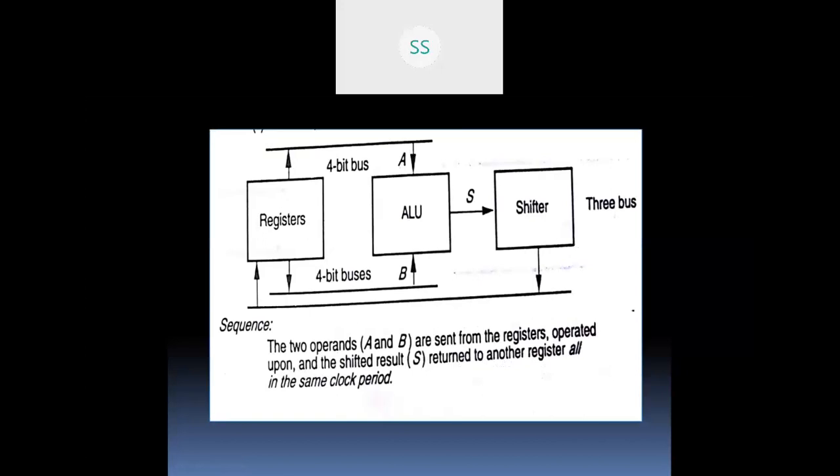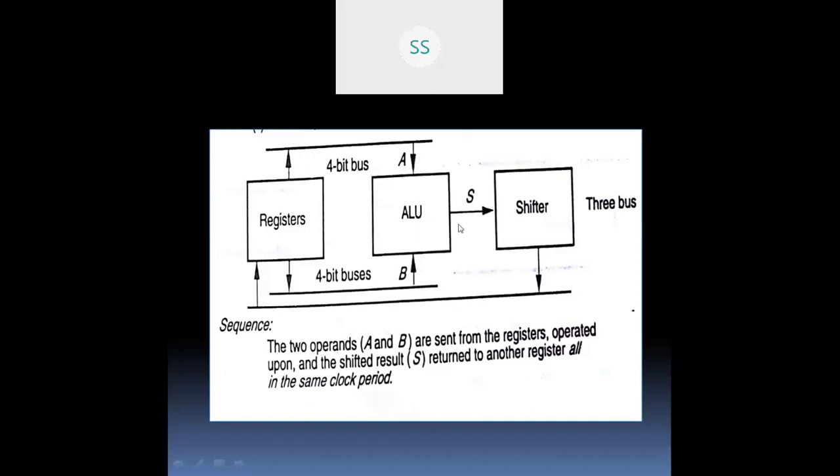Now this is called the 3-bus architecture. This is one bus, this is the second bus, and this is the last one, connecting the register and the shifter. The two operands A and B are sent from the registers and operated upon, similar to the previous one. From the registers, both A and B buses bring the operands into the ALU.